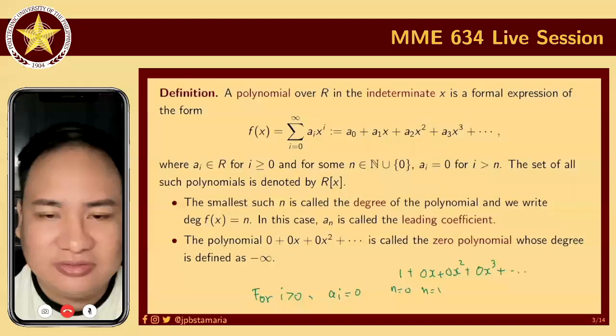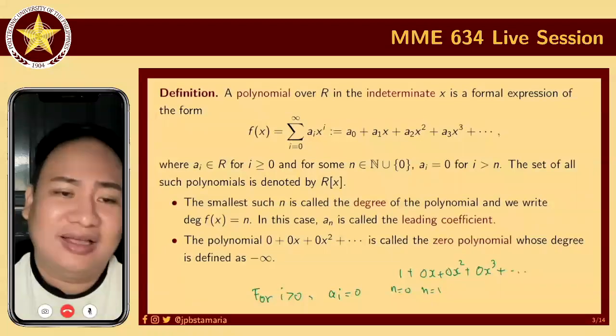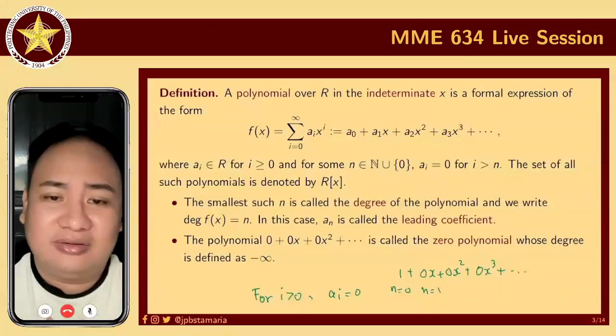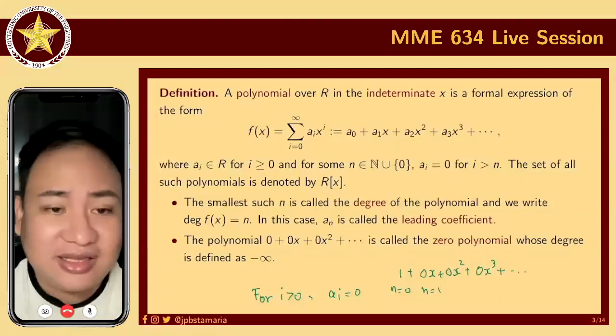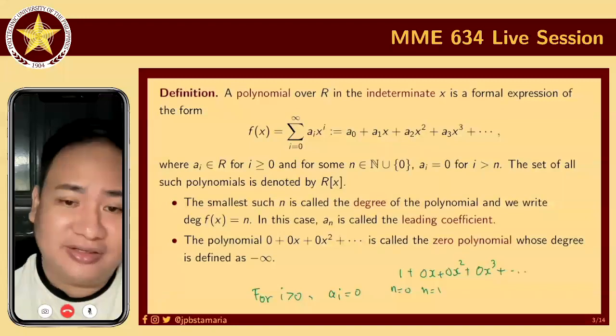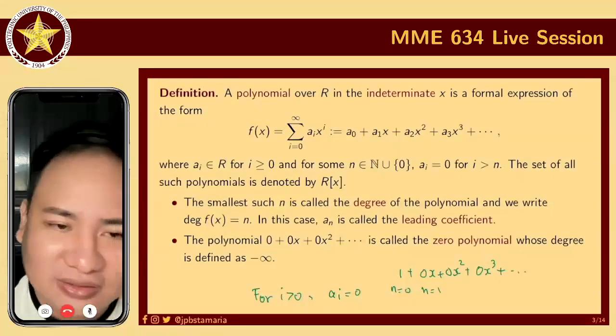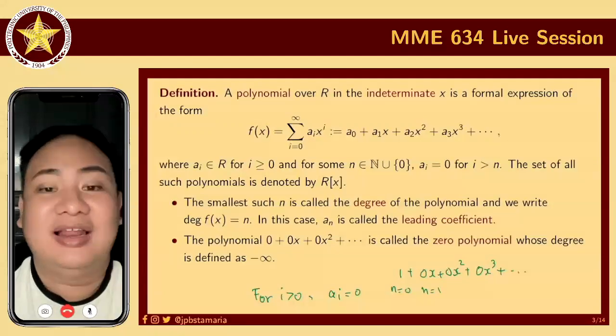Symbol lang naman ito, huwag niyong pansinin. Hindi yan yung negative infinity sa calculus. That's just a symbol that represents the degree which is less than the degree of all the other degrees. Kung may iba ka pang polynomial, laging mas maliit ang degree ng zero polynomial. Ganun na lang yun. Okay?